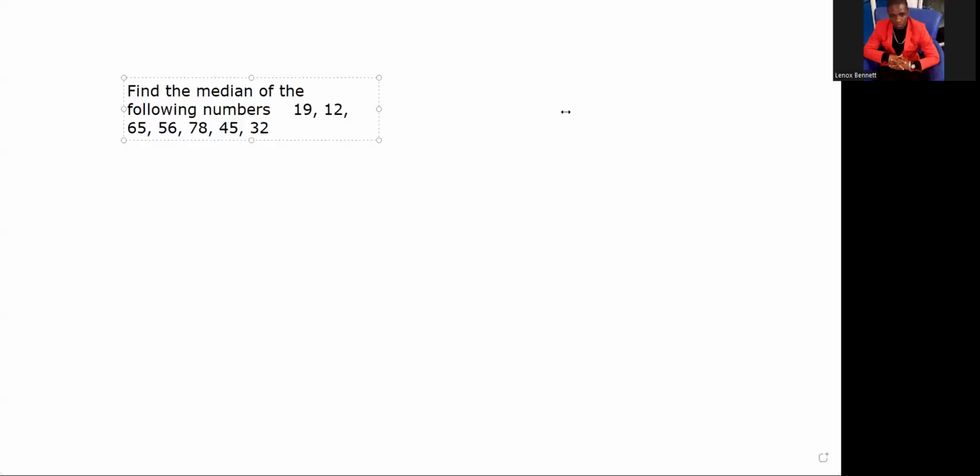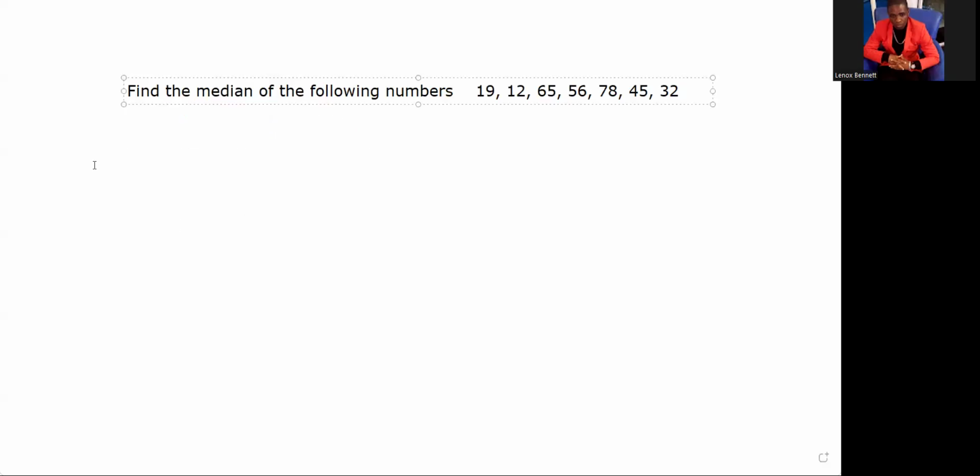It says, find the median of the following numbers, and the numbers are 19, 12, 65, 56, 78, 45, and 32. Again, sir prefers ascending, so let me do ascending order. Notice I did not go and look for which one is in the middle. I'm arranging it first.